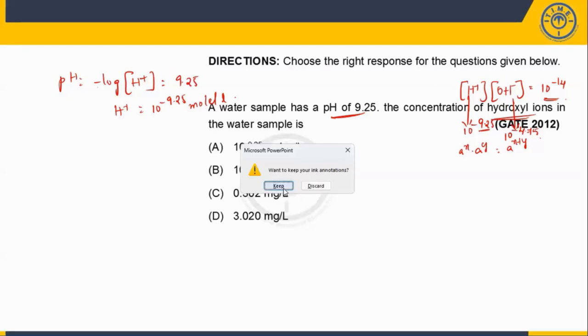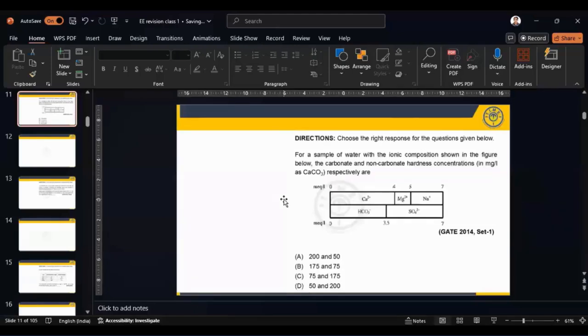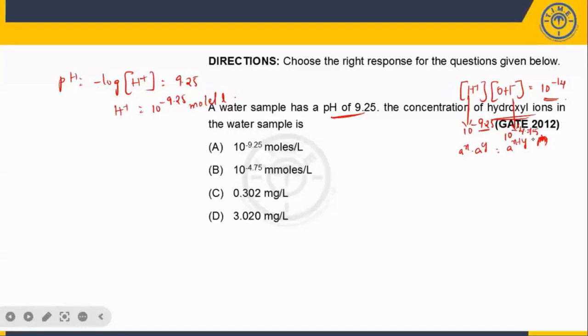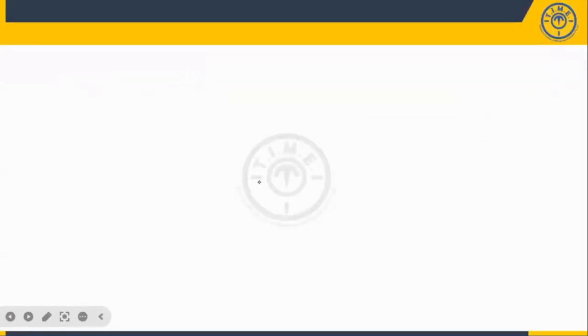I just require a minute. Meanwhile, what to do is check with the answers, convert it to milligram per liter.